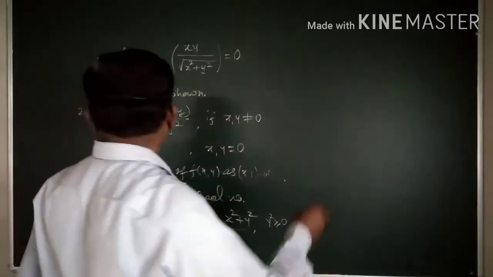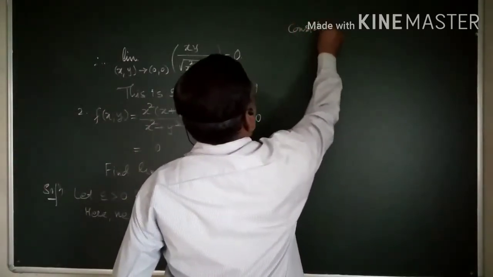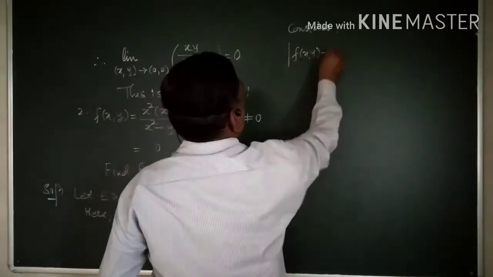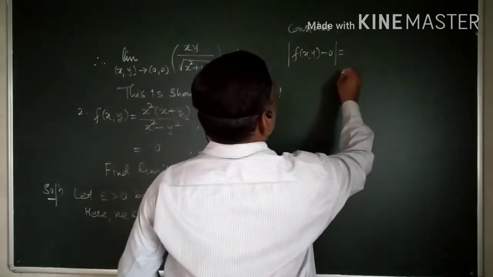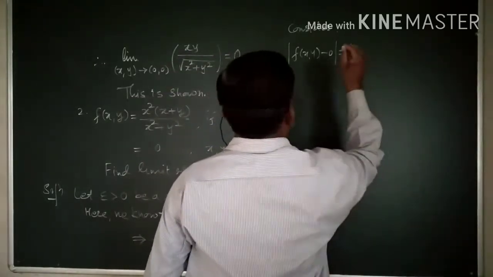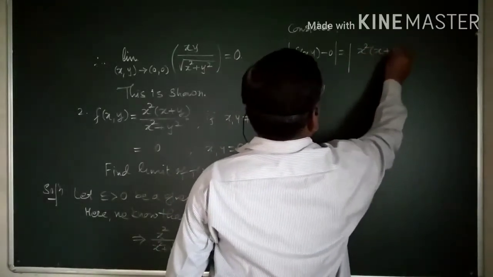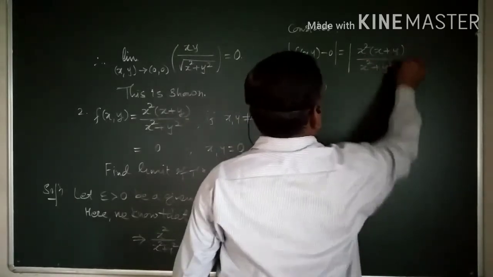Well, now let us consider the absolute value of f of (x, y) minus 0, which is equal to the absolute value of x square into bracket x plus y upon x square plus y square.